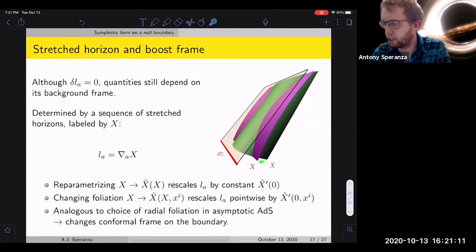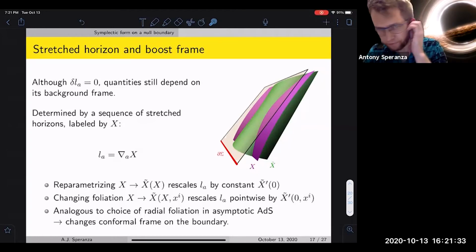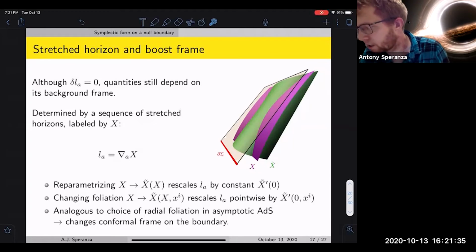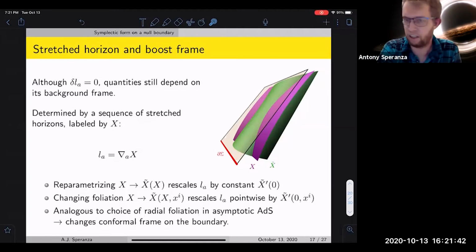But if you actually change the stretched horizon, so you have a different sequence of surfaces, it rescales L pointwise. And this should be familiar from holography, where if you change your radial cutoff, that's a way to go between different Weyl frames because you can change the induced metric as you go out to infinity. So this is just another way of thinking of this anomaly as really analogous to a Weyl anomaly.